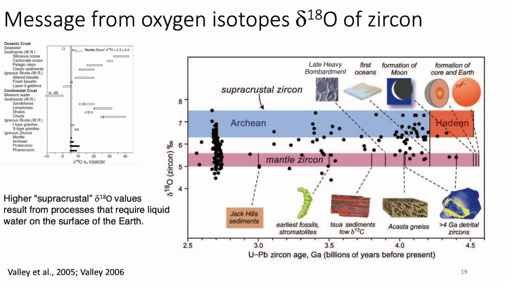And this supracrustal signature requires that there is water at the surface of the Earth. So this graph is not exactly accurate in terms of the dates, etc., and the samples, but that's to give you an idea. It's a simpler one. So since the very beginning here, we do have ratios that testify for the presence of liquid water.